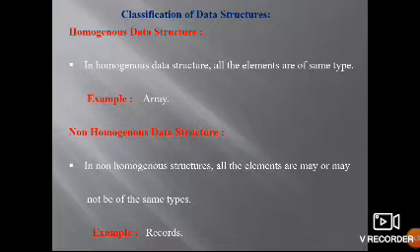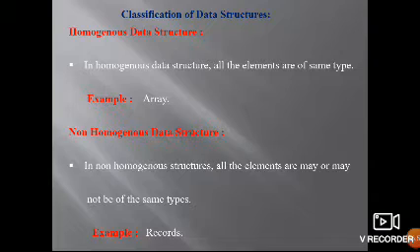Classification of data structures: we know homogeneous and non-homogeneous, which we already discussed. In homogeneous data structures, all the elements are of the same type, for example an array. A single type of data is called homogeneous.